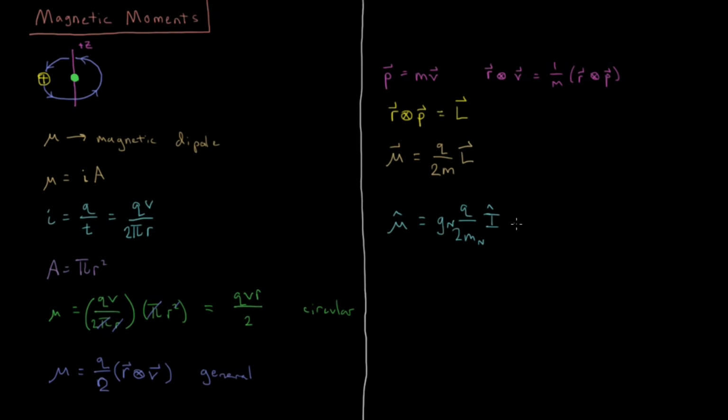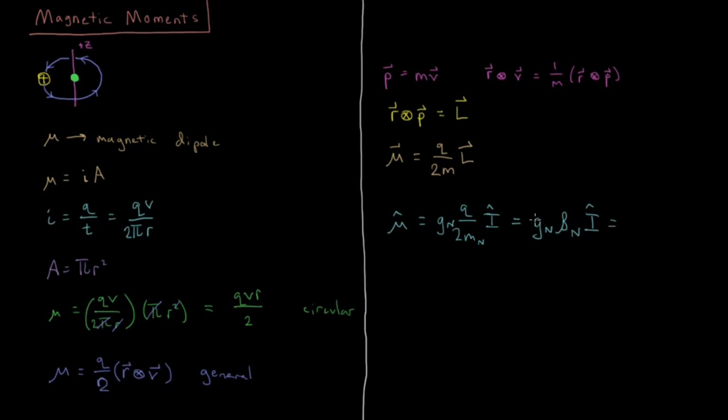Okay, I'm going to explain this more in a second. So if we put this out here, this is also equal to Gn, and then this factor Q, the charge of the nucleus, over 2 times the mass of the nucleus. This is also called the nuclear magneton beta. I'm going to write that down in a second. Then this is times the operator I.